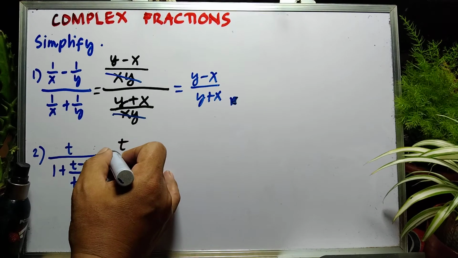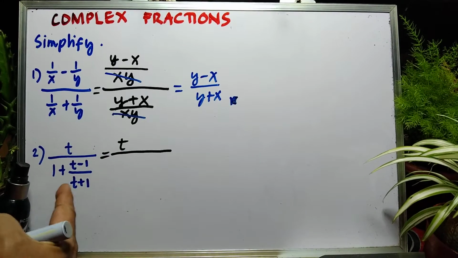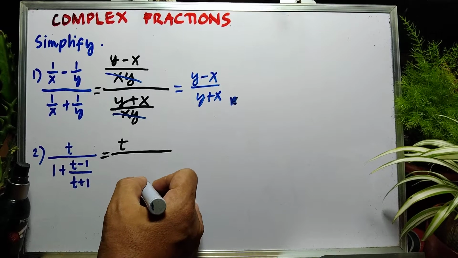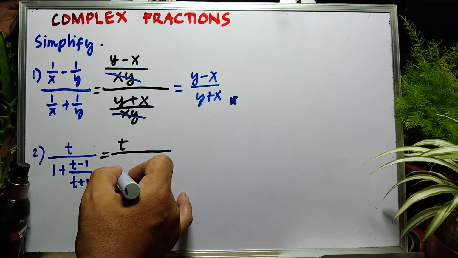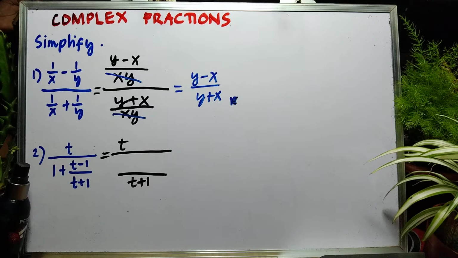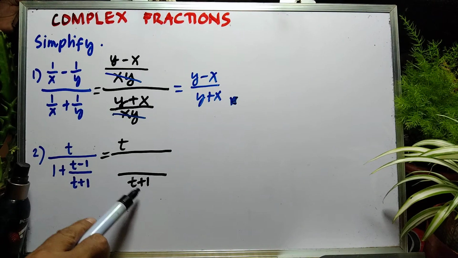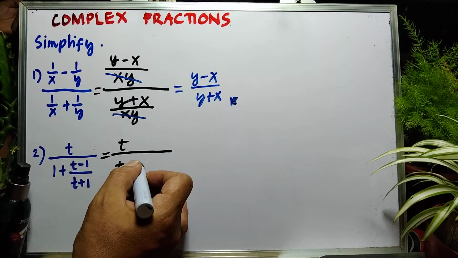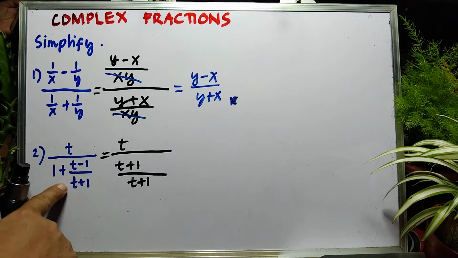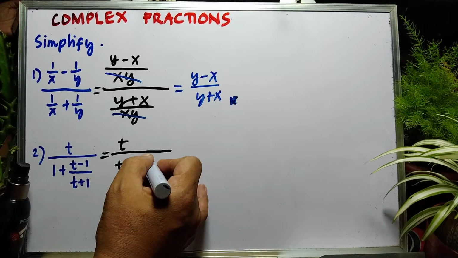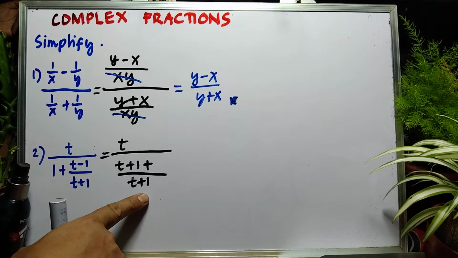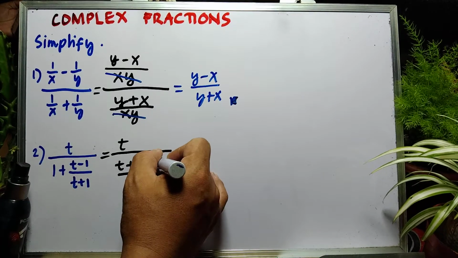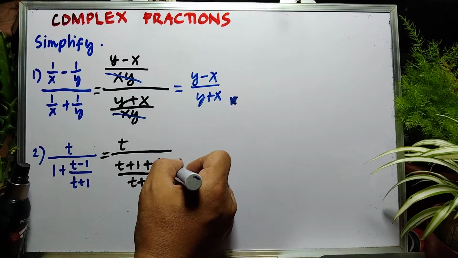So, what is the LCD here? 1 plus a fraction. So, the denominator t plus 1. Okay? So, t plus 1 times 1 here is t plus 1. Okay. So, we copy the plus sign. Plus. T plus 1 divide t plus 1 is 1 times t minus 1, you have t minus 1.